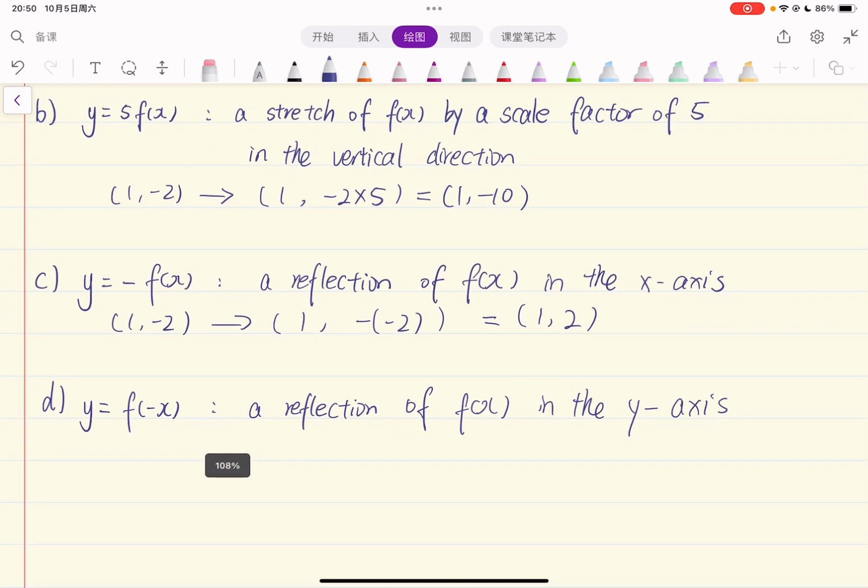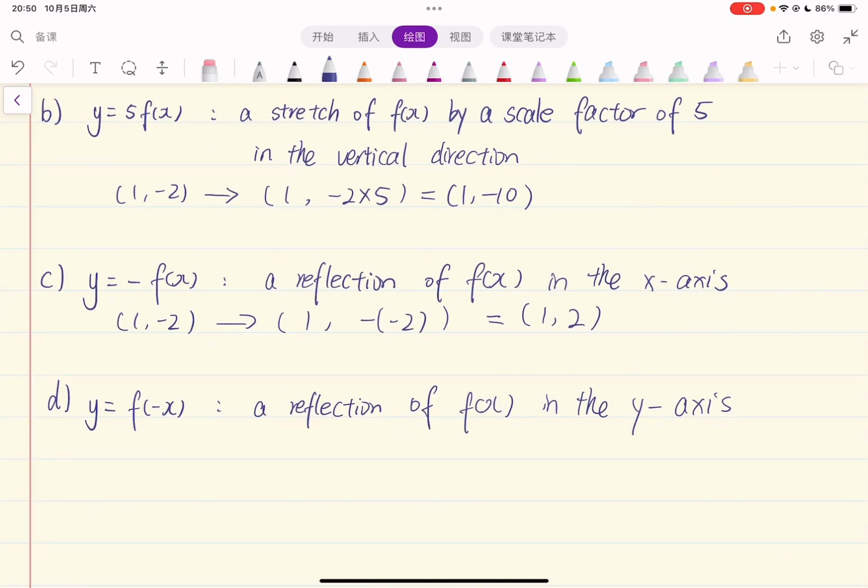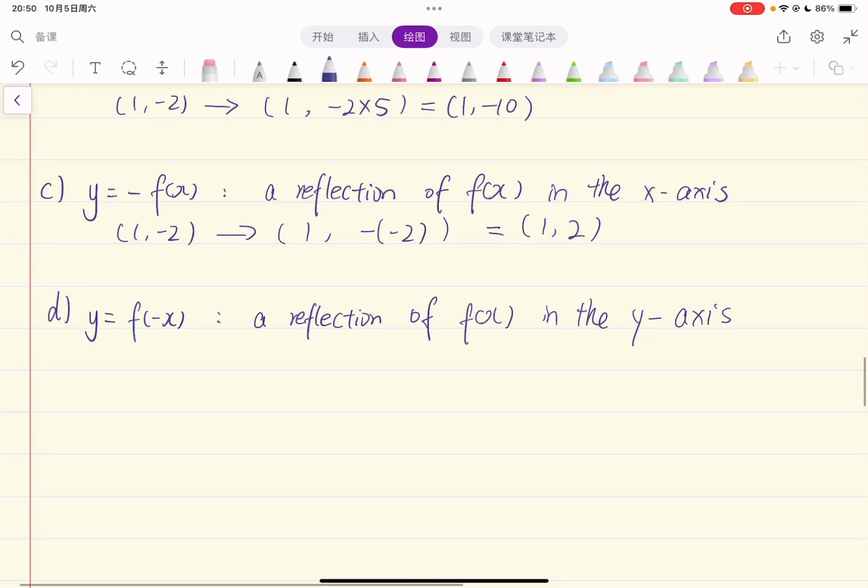It means that it changed the x coordinate. So for (1, minus 2), the x coordinate has changed. The reflection is (minus 1, minus 2).